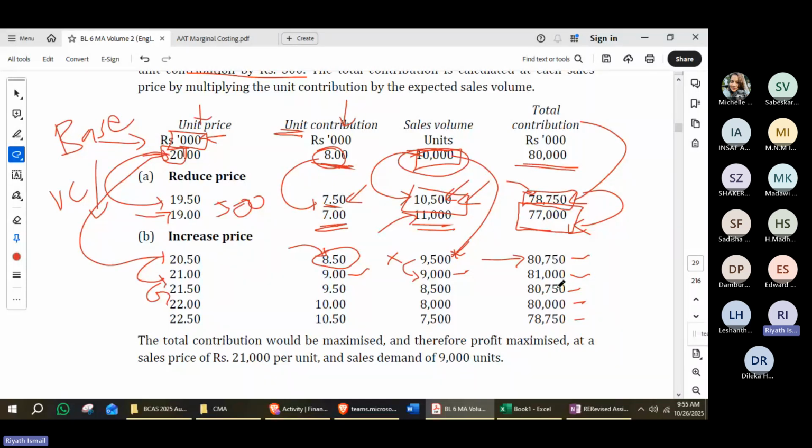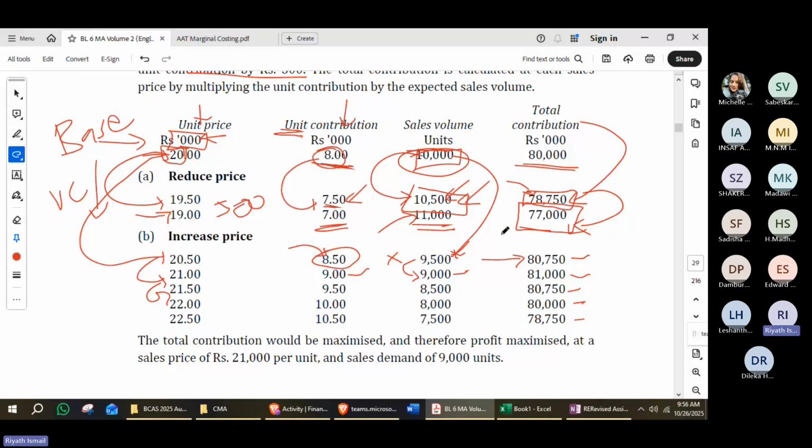From this, can you tell me what is the ideal selling price for that product, the price that maximizes profit and the contribution of the organization? How much? 21,000. Why?